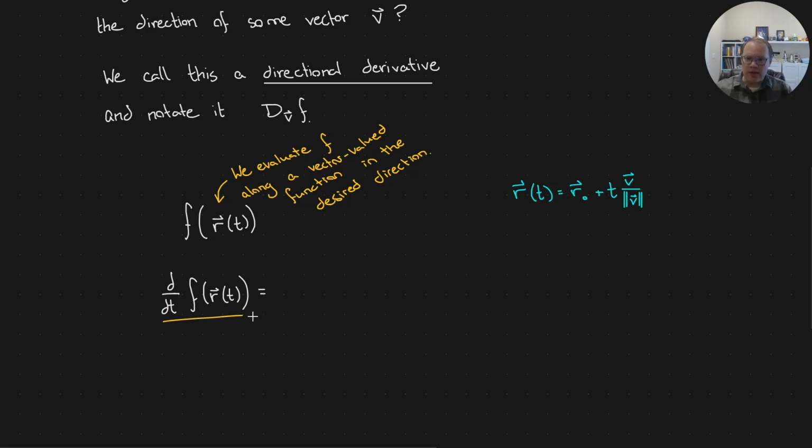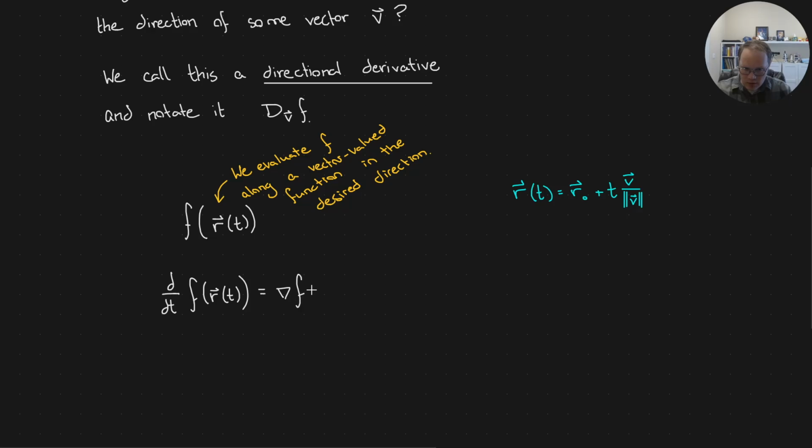Now this looks familiar. Where have we seen this before? We saw this just in the last section, right? If we're plugging a vector-valued function into a multivariate function, we can take the derivative using the multivariate chain rule.